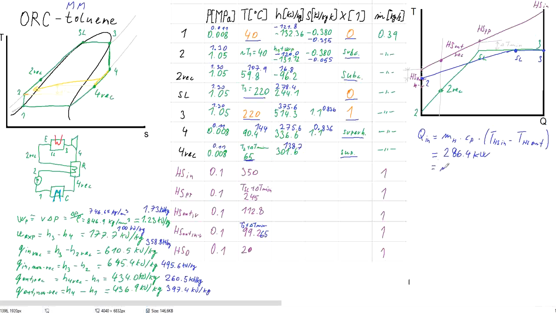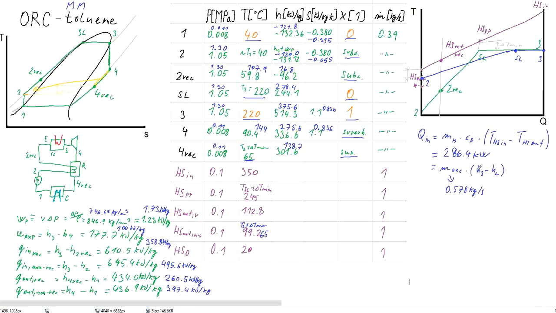and this is mass flow rate of the ORC fluid multiplied by enthalpy difference H3 minus H2, and from that we will get the mass flow rate of the ORC fluid as 0.578 kilograms per second.